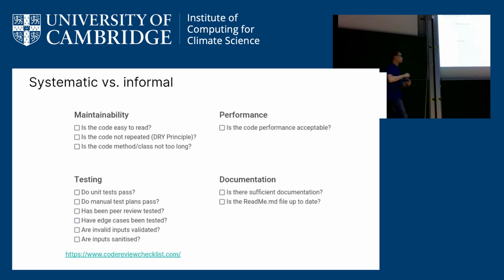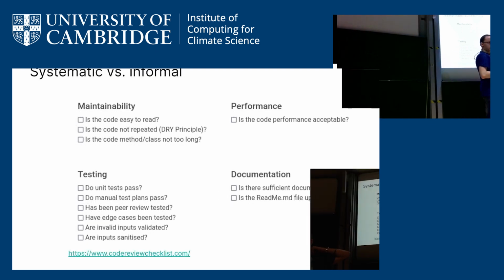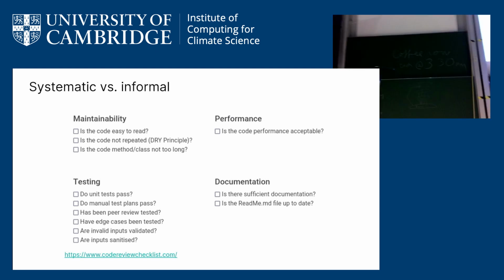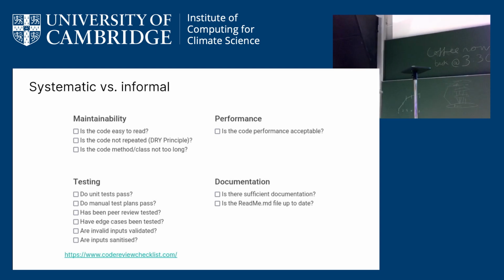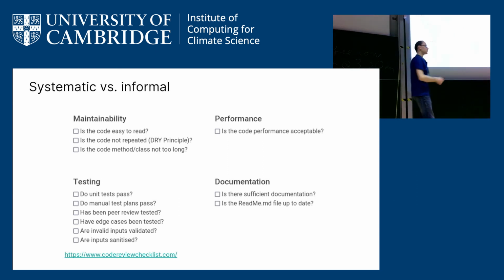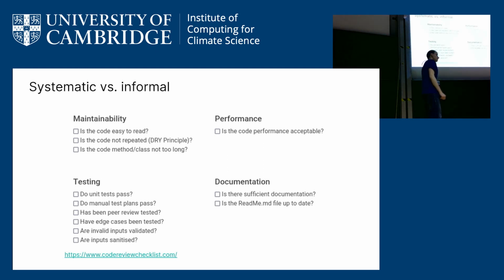So in my head, I've been thinking about code reviews and two approaches to doing these, in two different camps. On the slides is a website which gives you a bunch of example points as a sort of code review checklist.